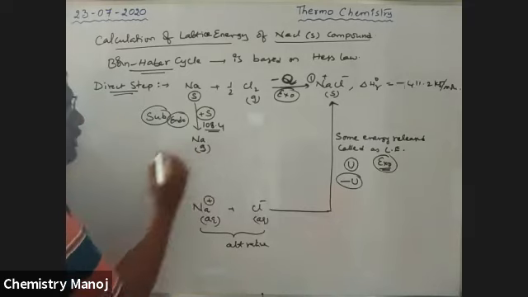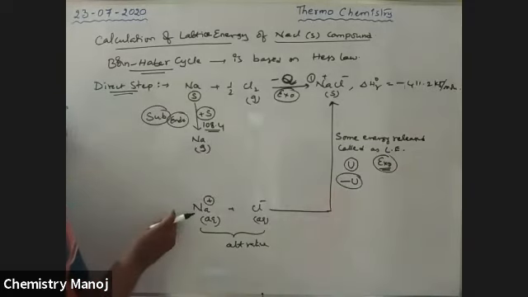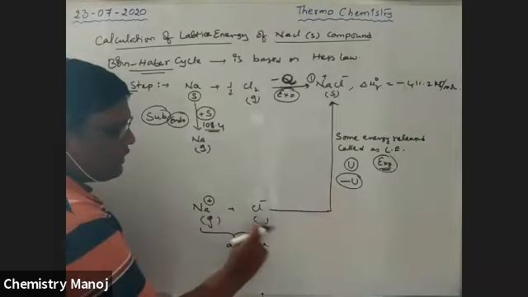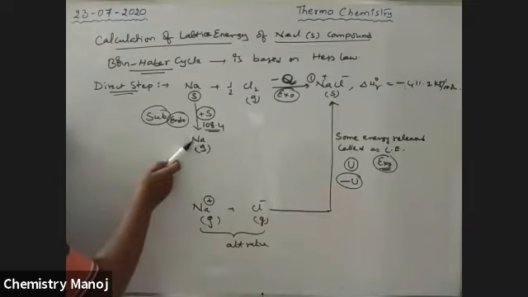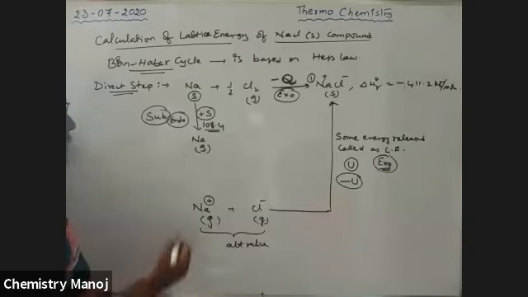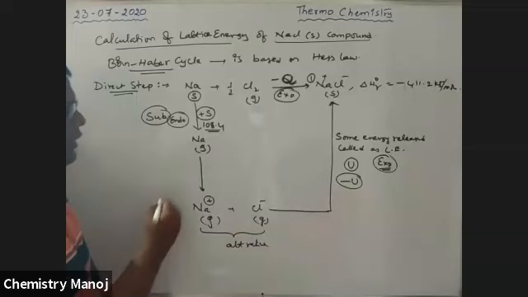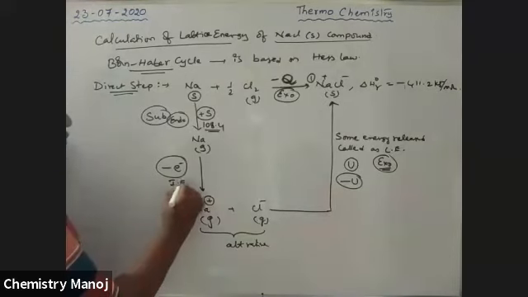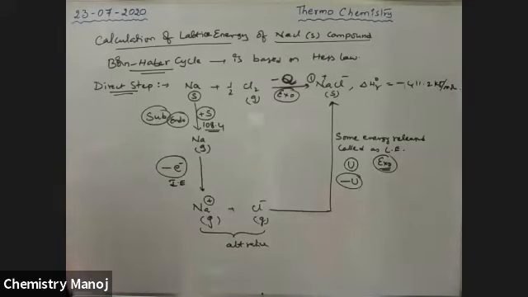Next, we have the gaseous sodium atom, and we want to calculate the gaseous sodium ion. How do we convert it? By the removal of one electron from the sodium atom. For that purpose, energy is required, and that required energy is called ionization energy.